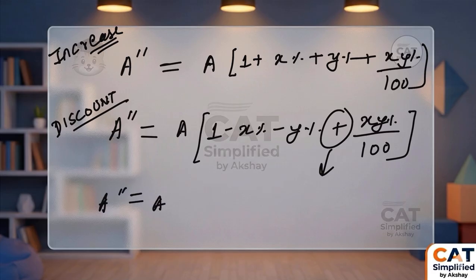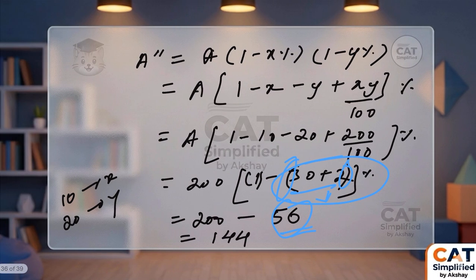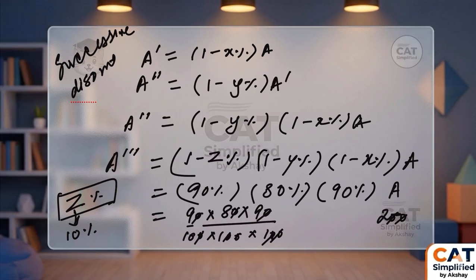A dash is equal to A into 1 minus X percent, and let's say the second time they increase the price, it becomes 1 plus Y percent, and you can just solve this formula for 1 minus X percent plus Y percent minus XY percent by 100. That's it. So this is pretty simple, pretty straightforward, just that you need to know where to use the right formulas and how to use those formulas.